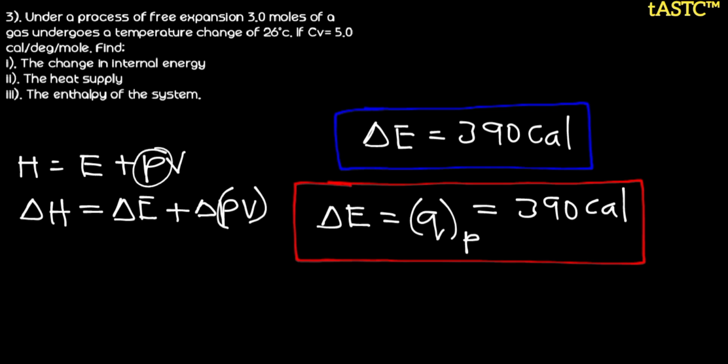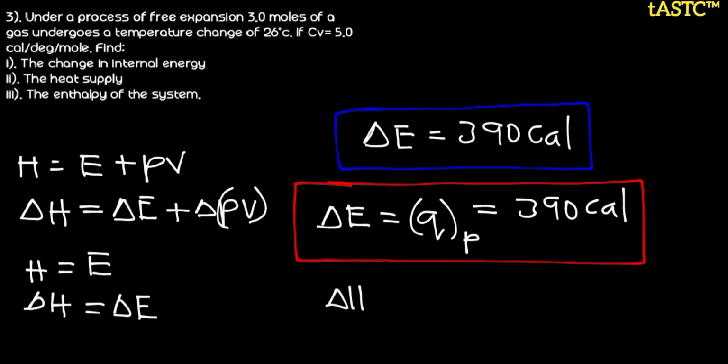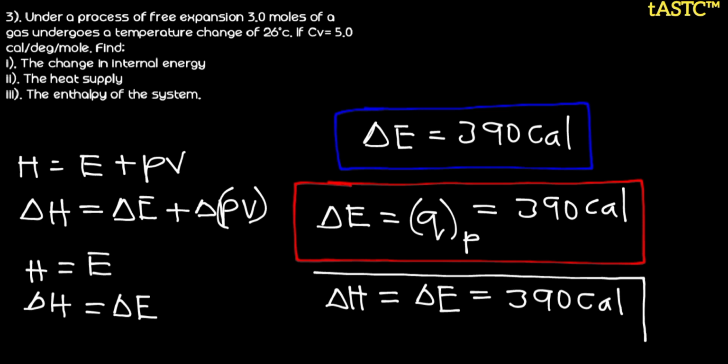Now we already know that P is equal to 0 for free expansion. So H is exactly equal to E, or dH is equal to dE. And so that will be equal to 390 calories. So those are the answers for this question.